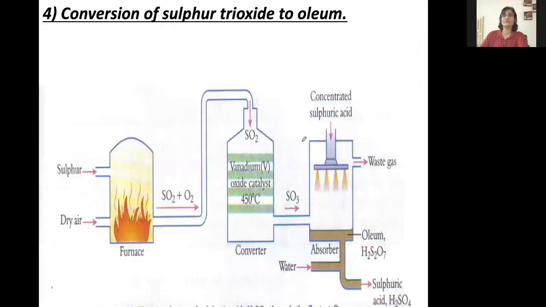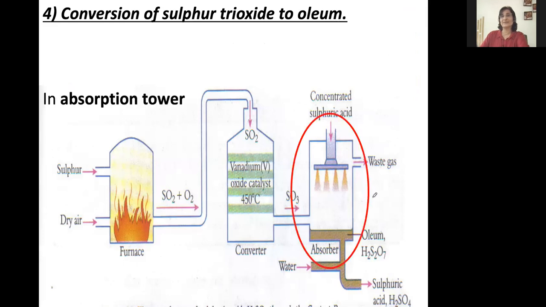Let's move on to the second last step, conversion of sulfur trioxide to oleum. As you can see, it is happening in the absorption tower. What do we do in this absorption tower? We pour concentrated sulfuric acid, which combines with SO3.